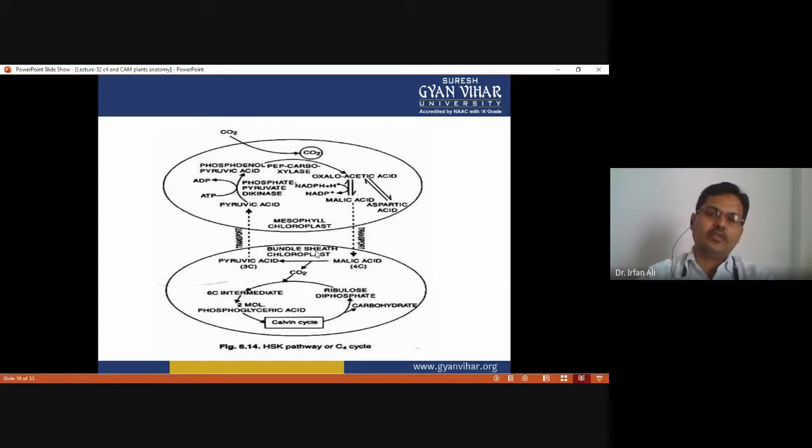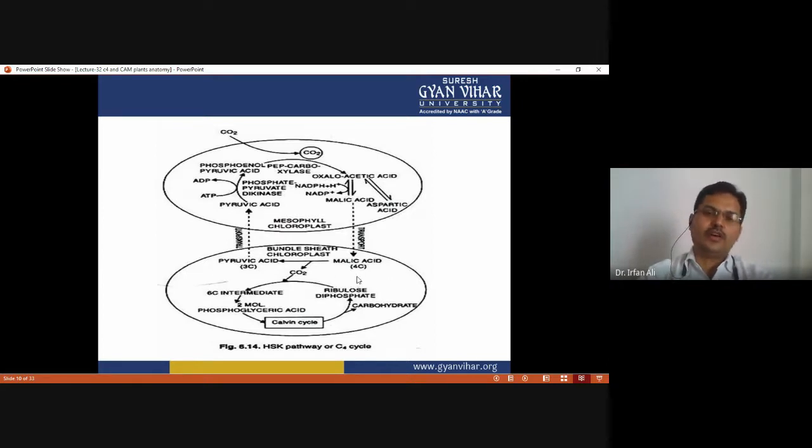You have to see that this is a separate chamber of mesophyll cells where the mesophyll chloroplasts are found, and these steps are carried out there, and this is the bundle sheath chloroplast found in the bundle sheath cells. Here malic acid releases carbon dioxide, which is the important step.